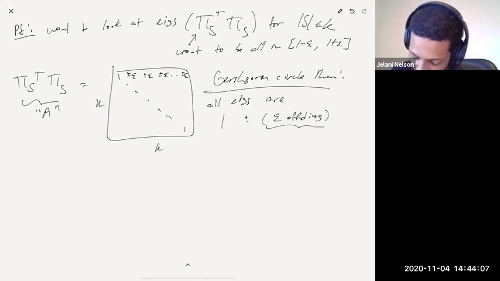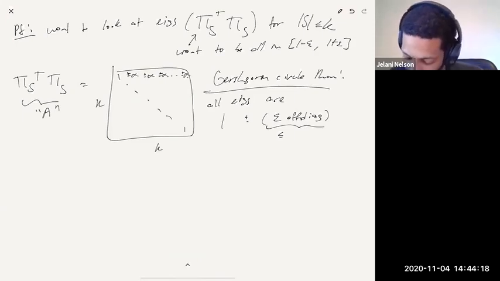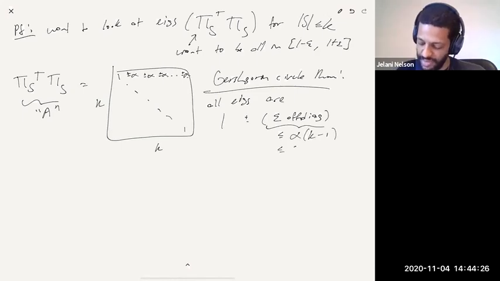But this is at most, and I should say this is not epsilon, this is alpha, because it's alpha incoherent. There are k minus 1 off diagonal entries, each one at most alpha. So this is alpha times k minus 1, which by choice of alpha is at most epsilon. So it's really an immediate consequence of Gershgorin. Okay? So that's how you get RIP matrices.